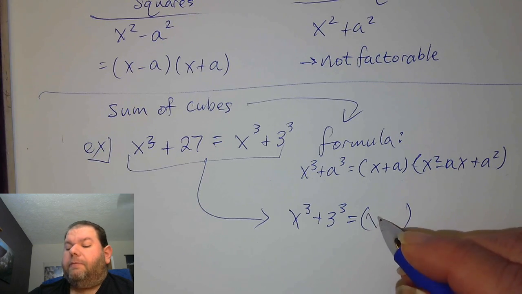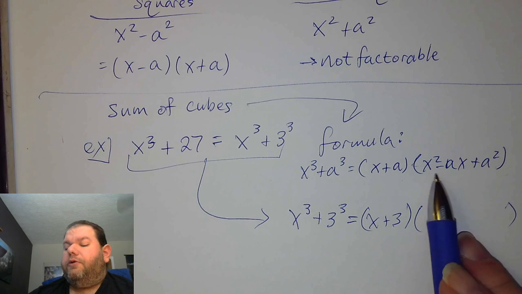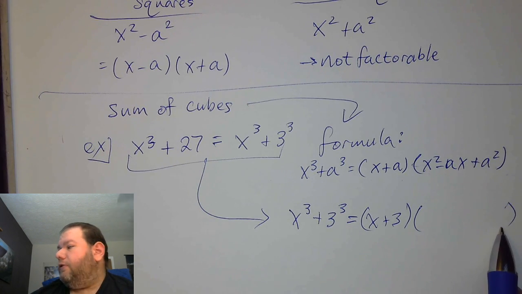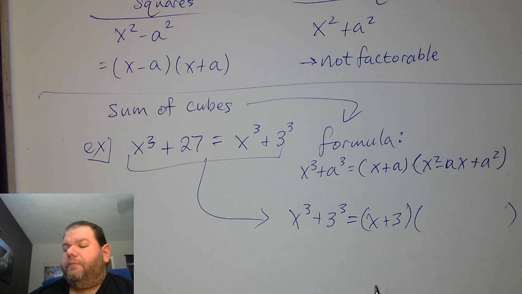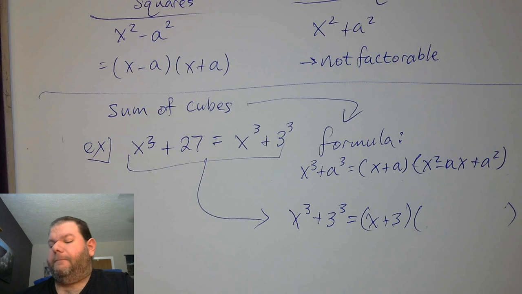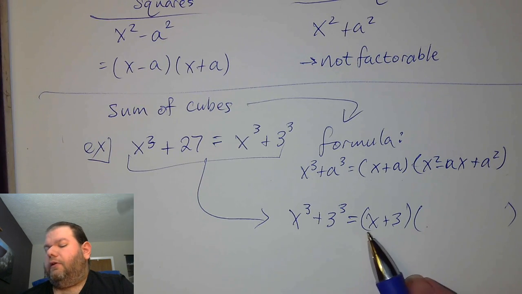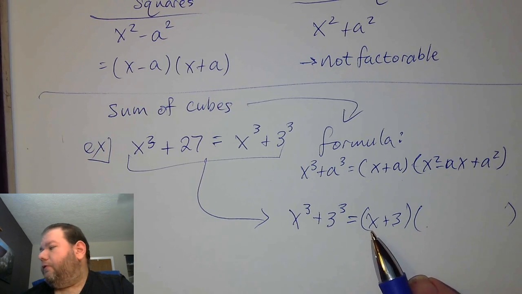So x plus 3, right? Now we know there's 3 terms in this trinomial. What should come first? So we square this term, so x squared.